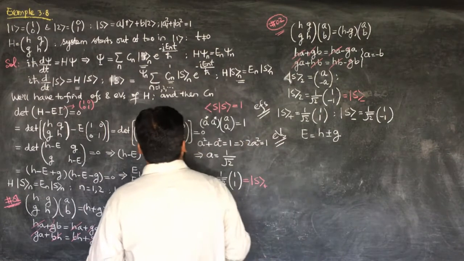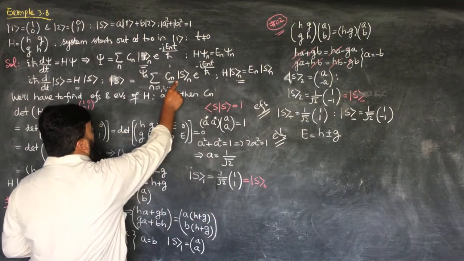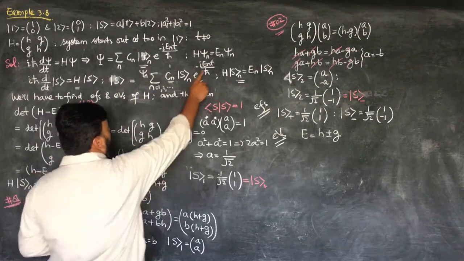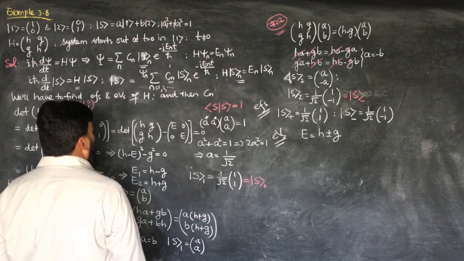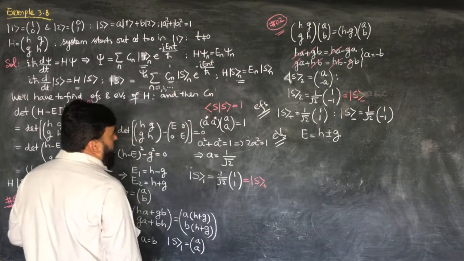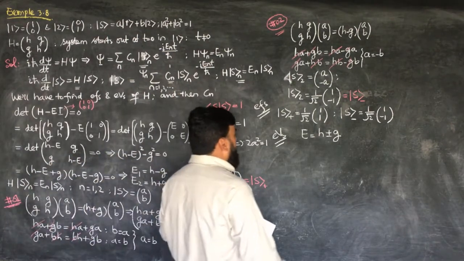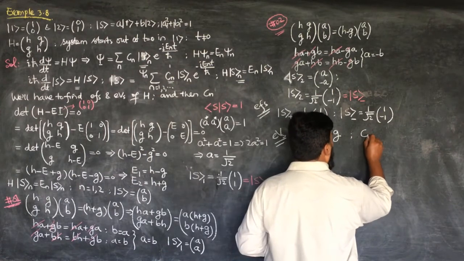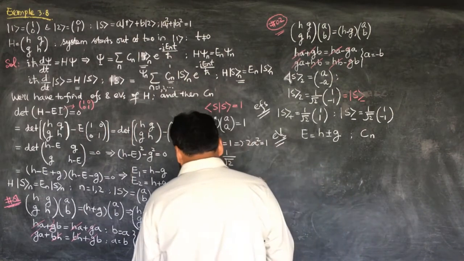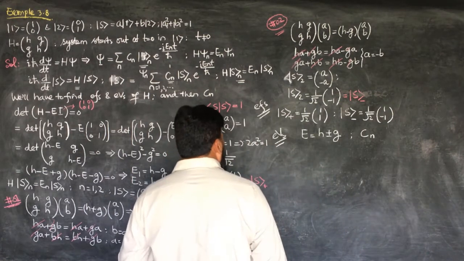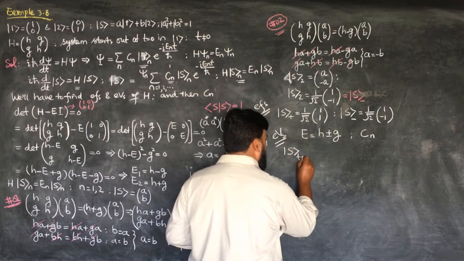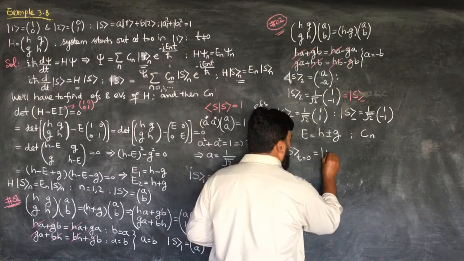Now we will return to this relation, because we want to find S at t non-zero, meaning when t will be having some value. We got S plus and S minus here as S1 and S2. Now it's the time to find out the value of Cn. So for Cn, we start with our system S at t equal to 0 in the state 1.